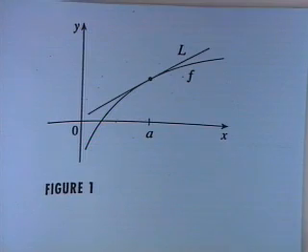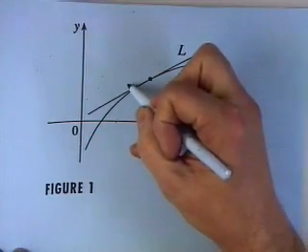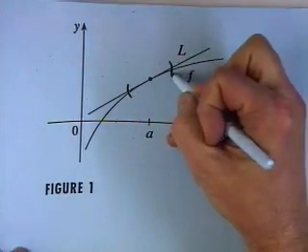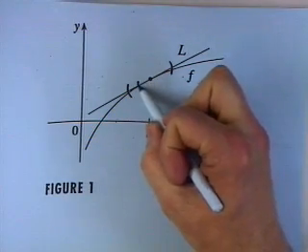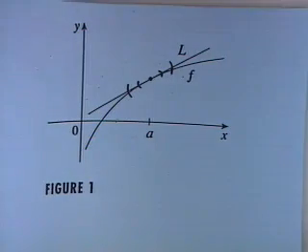But if you zero in on, for example, somewhere in here to here, don't you think the line does a pretty good job of approximating the curve? Pretty close to it? And in fact, if we get even closer than that, if we work in this vicinity right in here, it's hard on my diagram to distinguish the difference between the curve and the line that's tangent to the curve.